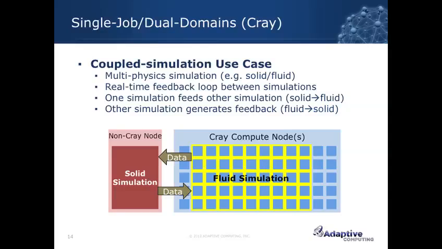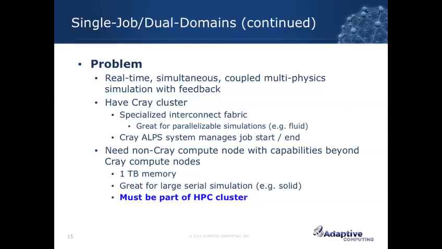With this, it allows you to have real-time feedback between the solid and the fluid simulations, so the solid simulation feeds the fluid, which feeds the solid, giving you a feedback loop. So I've already described the problem: the real-time simultaneous coupled simulation.